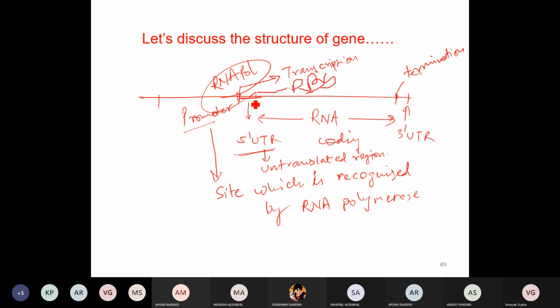The ribosome may not bind to the 5' UTR very efficiently. So in those cases, what is going to happen? If RNA polymerase cannot bind to the promoter region very strongly, transcription is going to be there, but the rate of transcription will differ. The rate of transcription will be 0 or less than normal.